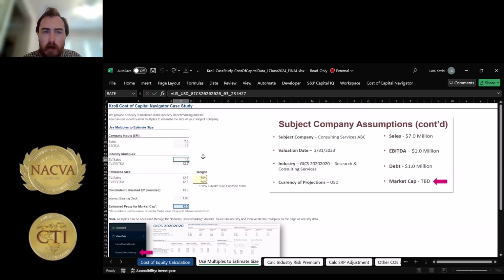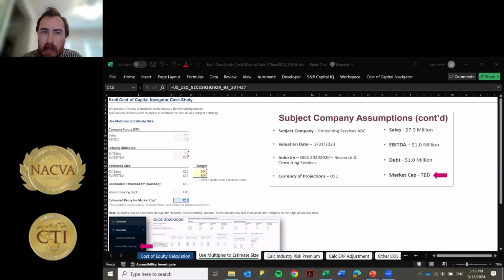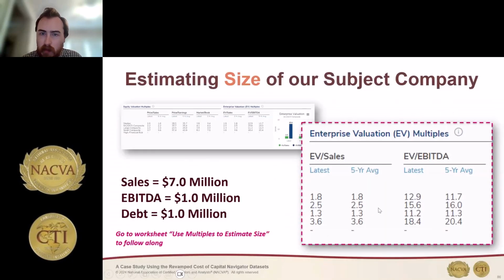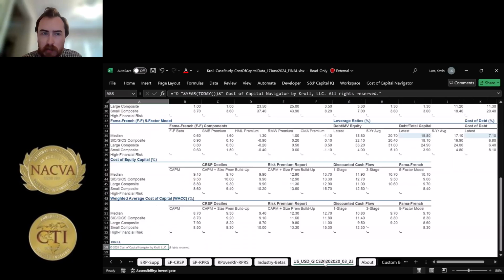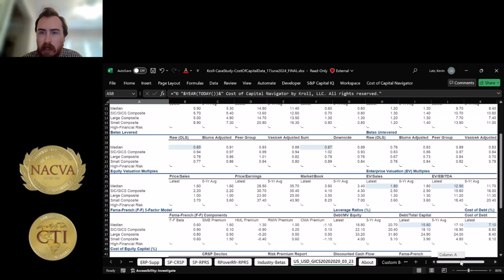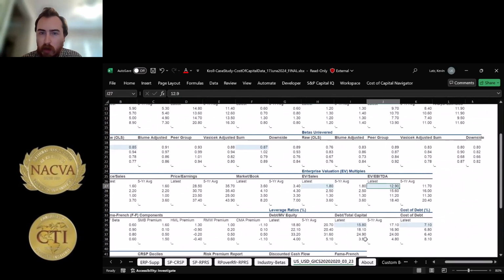What we're doing is bringing in these multiples from the actual tear sheet. So what we saw in the PowerPoint here, I actually exported all this data into Excel. So if I go over here, we can see US, USD, then our GICS code, we can see right where these multiples are coming from, along with all this other great data.